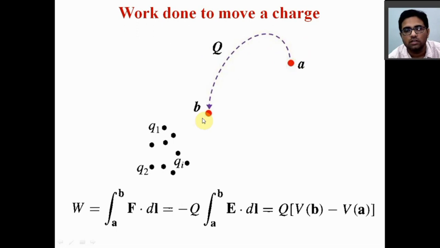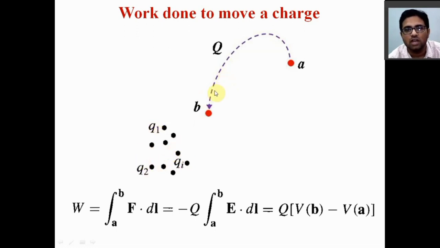Now the electrostatic force applied on Q due to the configuration of these discrete point charges is Q multiplied by the electric field due to these discrete point charges.